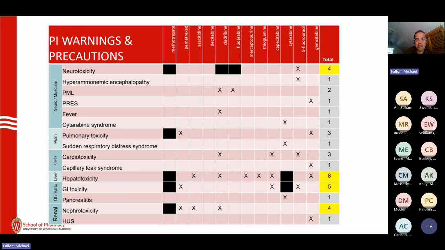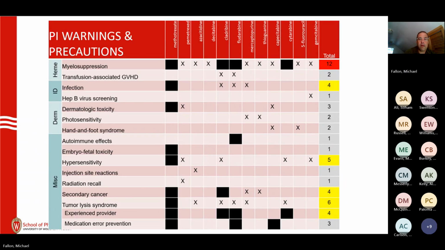You'll see hepatotoxicity is much more common in the antimetabolite class. The liver in general is very good at clearing alkylating agents. There are a lot of dehydrogenases that can cut those drugs and metabolize them to an inert substance, but not so much with the antimetabolites. So you're going to see a lot more hepatotoxicity with these drugs.